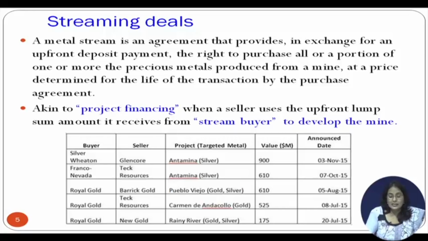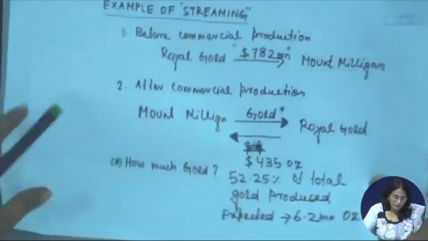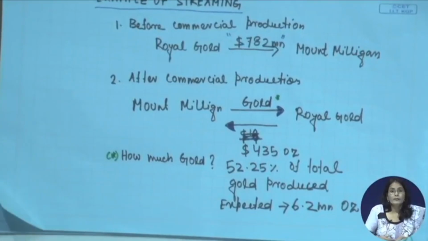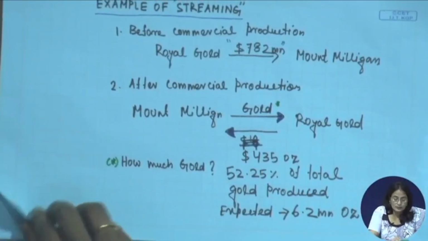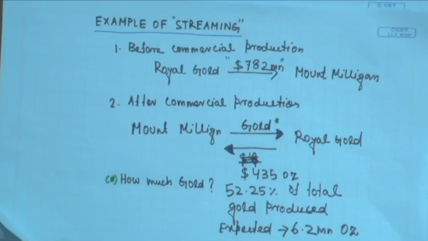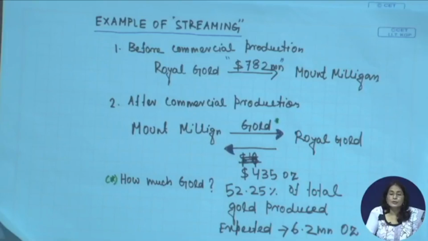So let's take this example. This is an example of a streaming contract. You have a company called Royal Gold, and Mount Milligan is a company which is into gold mining and copper mining, based at Toronto.